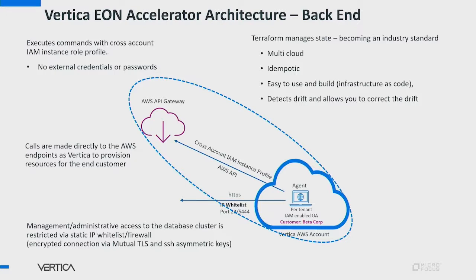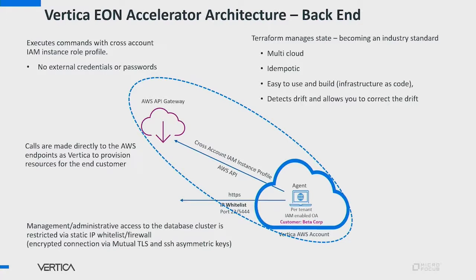It can detect drift and correct the drift. So, if your target infrastructure deviates from what we want it to be, we can detect it and correct it. It's easy to use and build, and it saves your infrastructure as code. So we basically define the infrastructure that we are running, and we maintain it using Terraform.